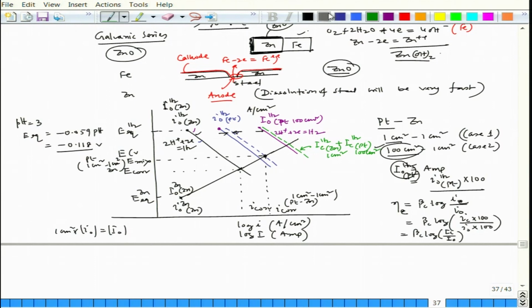But here, if I consider this, it is nothing but I C hydrogen on zinc surface 1 centimeter square plus, sorry, this should be I C, cathodic current density, I C hydrogen on platinum surface of 1 centimeter square. So, now the new mixed potential would be this point.